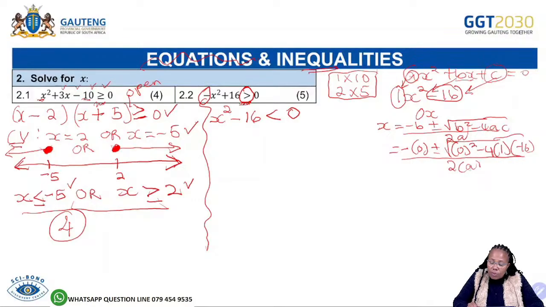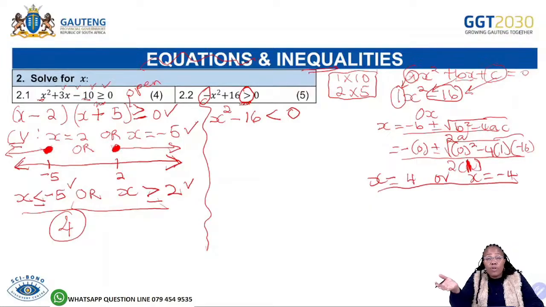The a value is 1, so we substitute 1 there. And then now we will get the same x values, grade 12. Your calculator will give x equal to 4 for the positive one, and x equal to minus 4 for the negative x value.